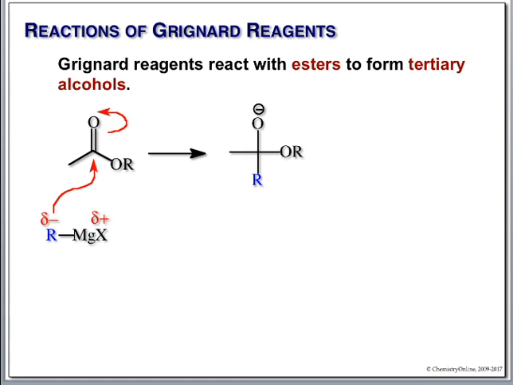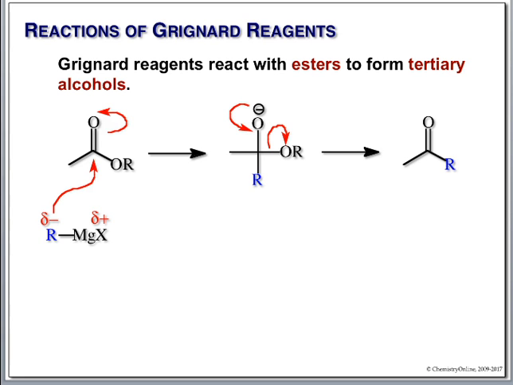That is the OR group. If we move these electrons in to make a carbonyl again, these electrons can go back to the OR, and you make a carbonyl, and OR minus simply floats around in solution. It's a leaving group, it left.